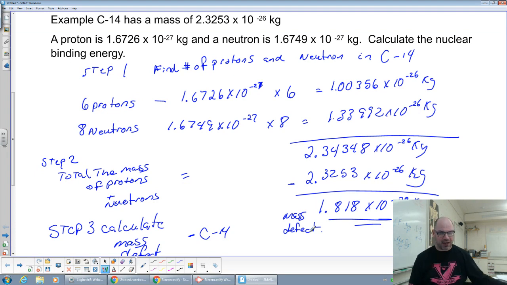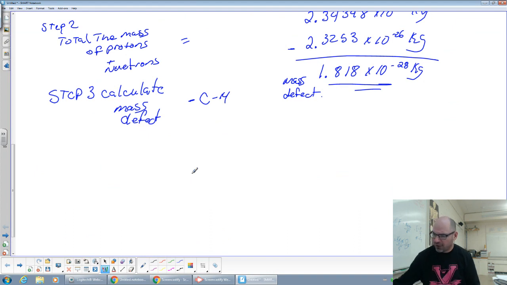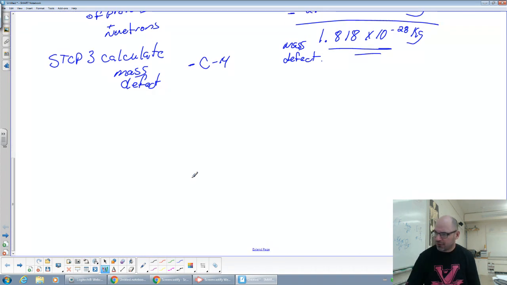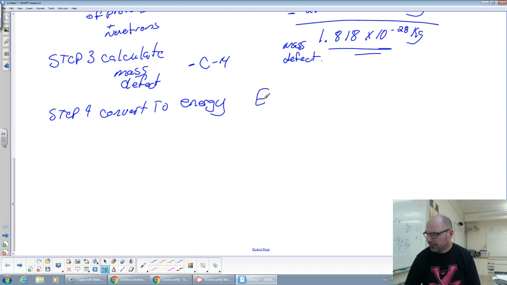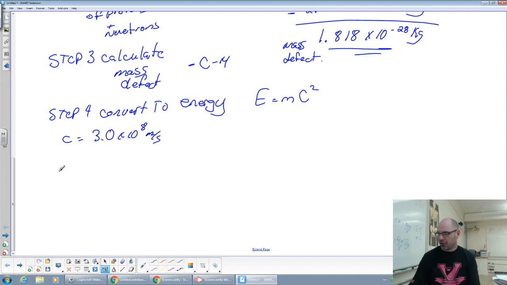Now we got to convert it to energy by using Einstein's equation. Okay, so step 4, and the final step, is to convert it into energy. Okay, use E equals mc squared. C is 3.0 times 10 to the 8 meters per second. That's what we're going to use.